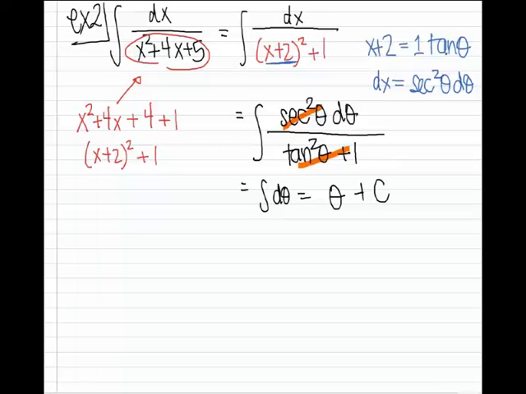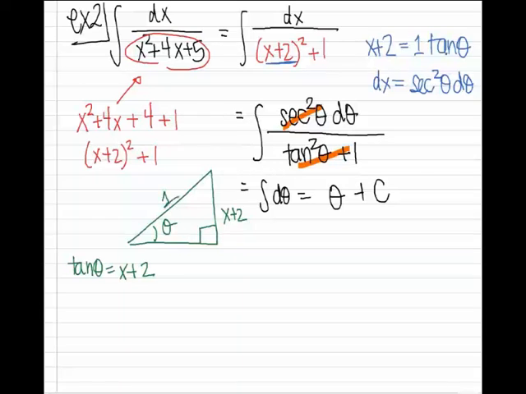Remember, we have to draw our triangle and put back our x's into there. Our original substitution was tangent theta equals x plus 2, so opposite over adjacent is our tangent value, and our missing side is going to be the square root of 1 minus x plus 2 quantity squared.